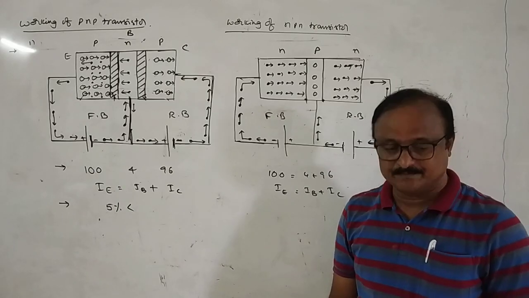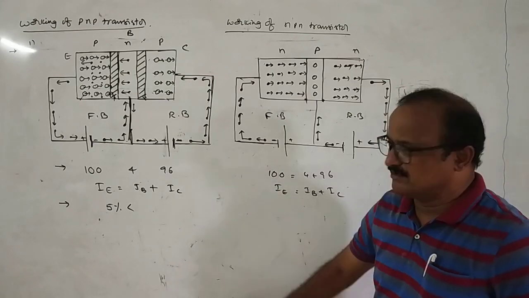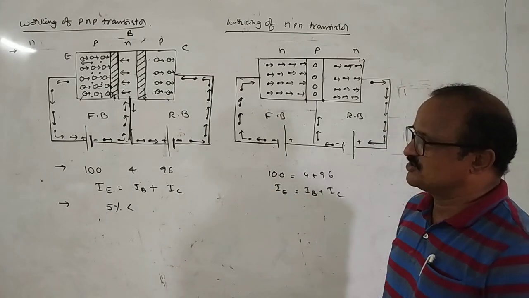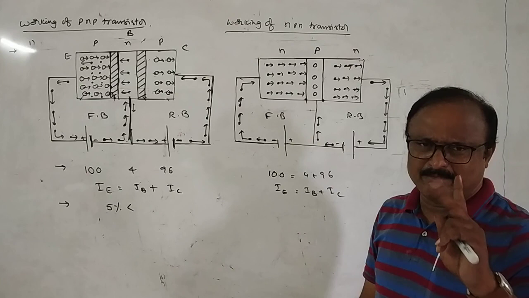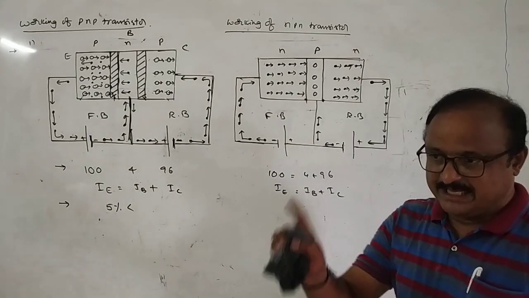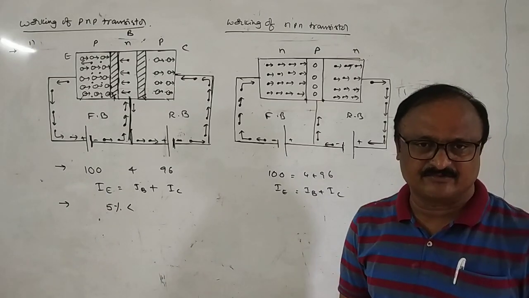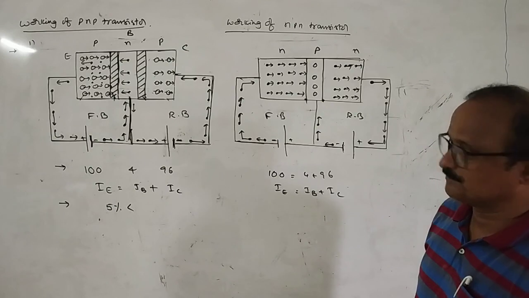Right? And also there is no need for an explanation of the working of NPN and PNP transistors. Just remember 2 points. For the working of NPN and PNP transistors, the emitter diode must be in forward bias and the collector diode must be in reverse bias. Enough. Right? Okay.